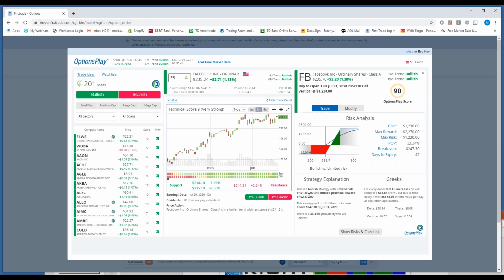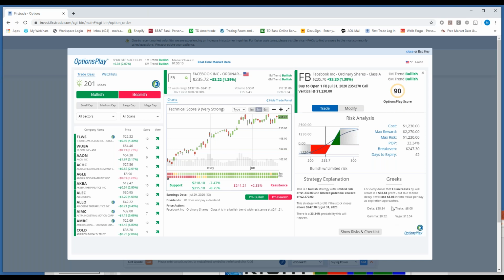The risk is 1,230, limited potential reward of 2,270. And the strategy will profit if the stock closes above 247. There's a 33% probability this will happen. And here's the delta. The delta is 38. The gamma is 32. The theta is 8.08. And I don't even bother with the vega.